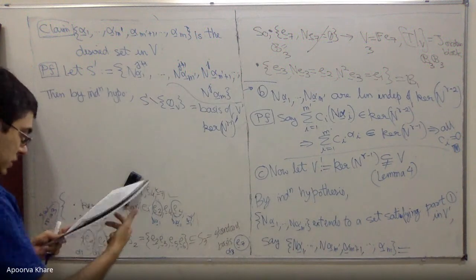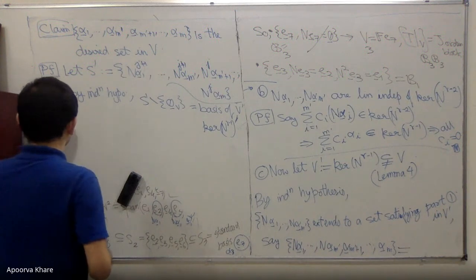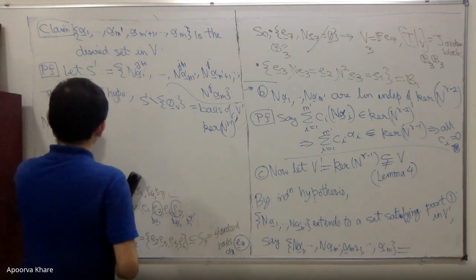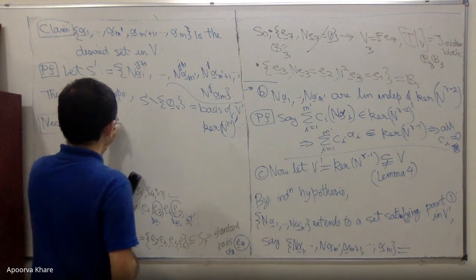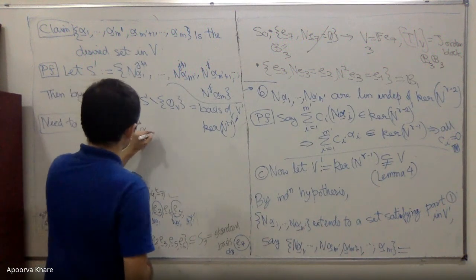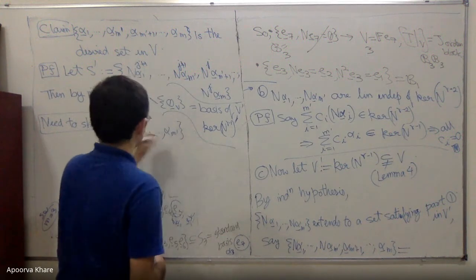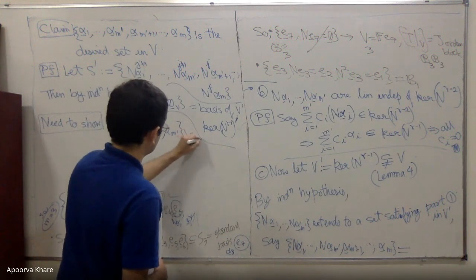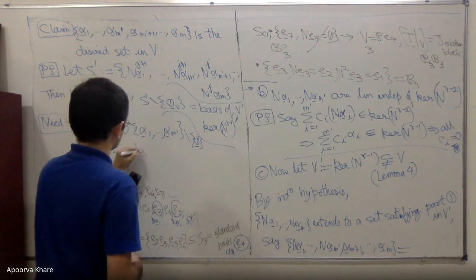Right? So I need to show, I don't need to say it, but I really want to write things out and spell it in detail, that S prime union alpha 1 through alpha m prime, minus 0, is a basis of V.